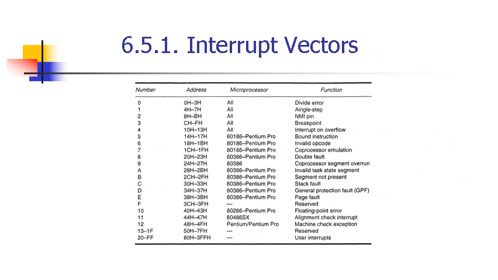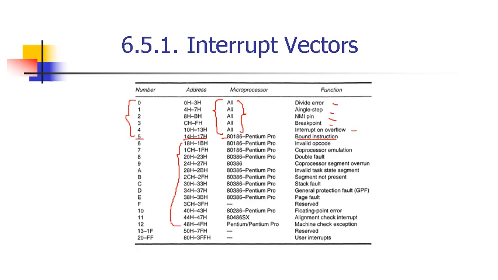Here again, these are the first 5 interrupts already written for you in 8086 and 8088 microprocessor-based systems, and as a matter of fact they are used by all Intel processors: divide by zero, single stepping, non-maskable interrupt, breakpoints, and interrupt on overflow. In the 186 they added one more interrupt service routine using interrupt vector number 5 for bound instructions, and they did similar things for different microprocessors, up to Pentium Pro.